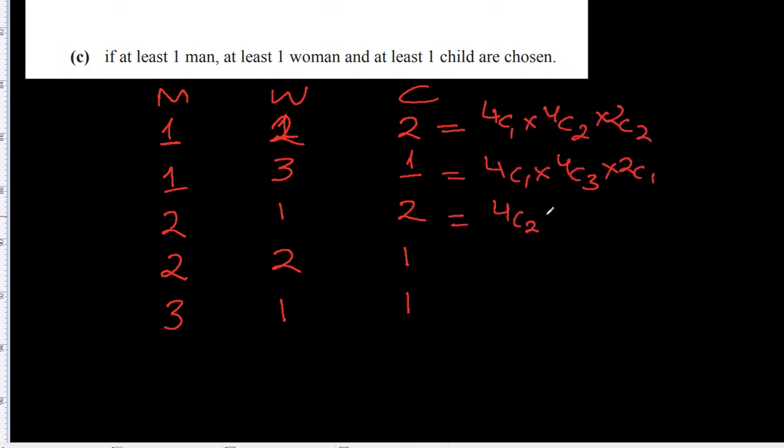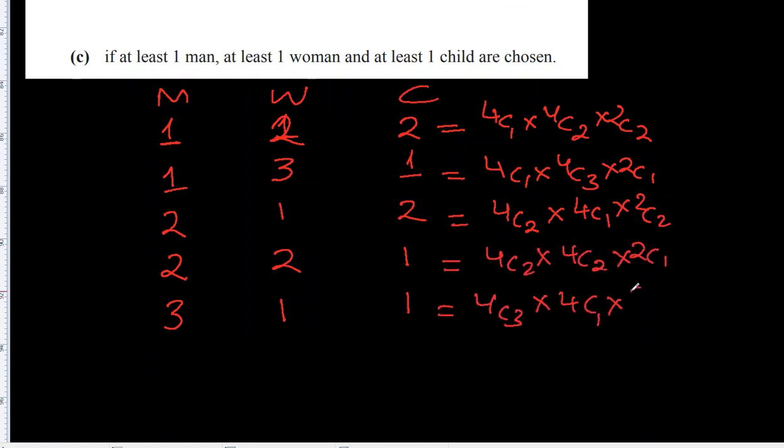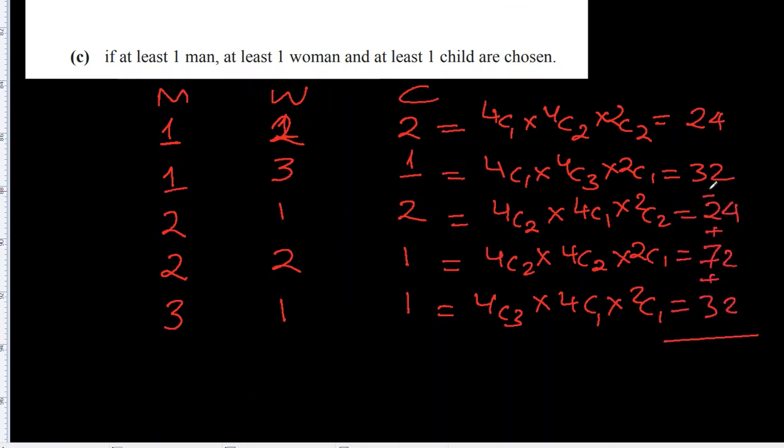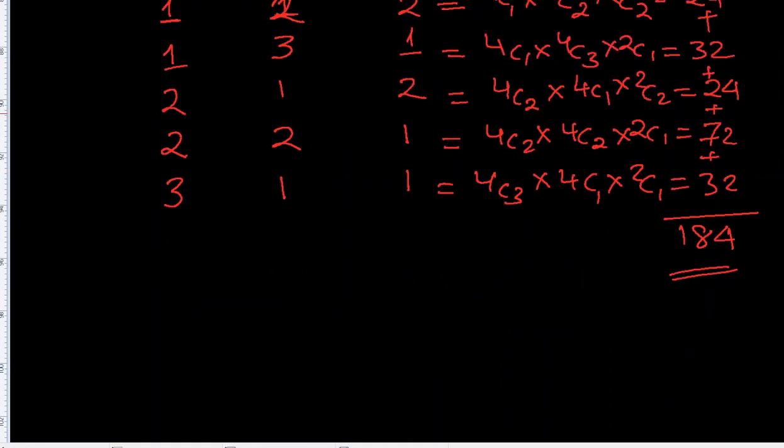These are the 5 possibilities, and we will interpret them again into the combinations, and I'll evaluate them. And if I again add these 5 cases, the answer is 184 combinations. Alright, next one.